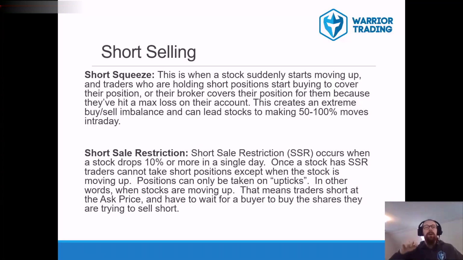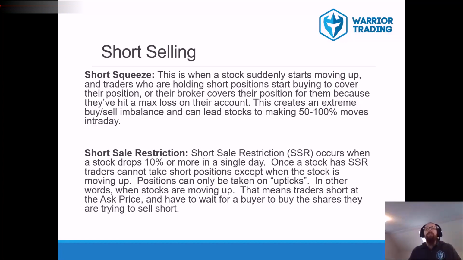They can only short on the ask. There is no such thing as a long buy restriction. A stock can be up 500% and you can still market buy it on the ask. So this is the market creating these regulations to try to prop up stocks, to try to keep them from tanking. And nobody wants to have companies come onto the market and then go bankrupt.